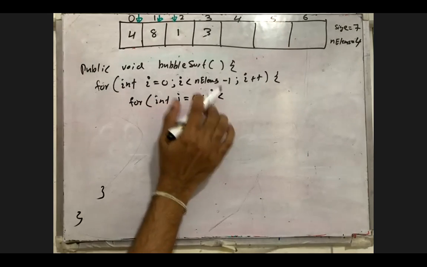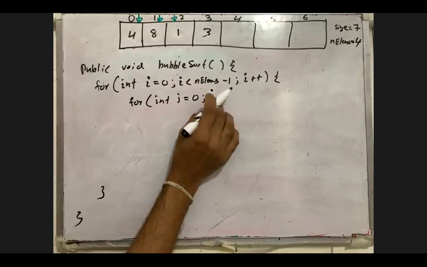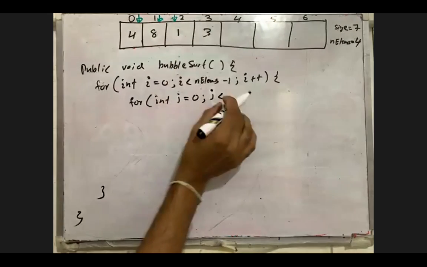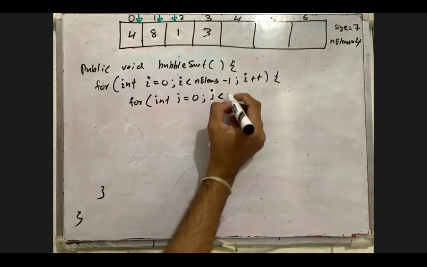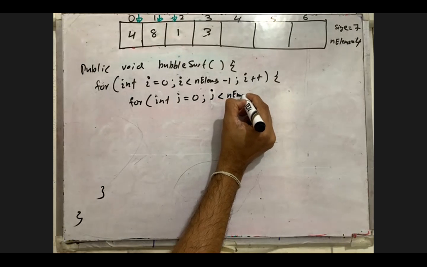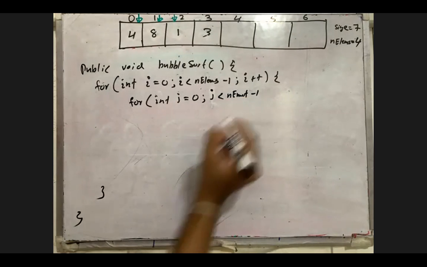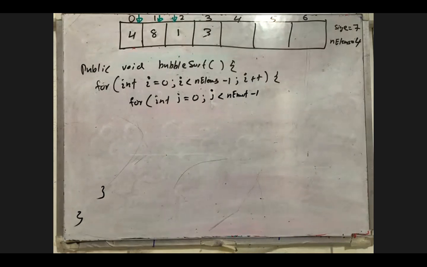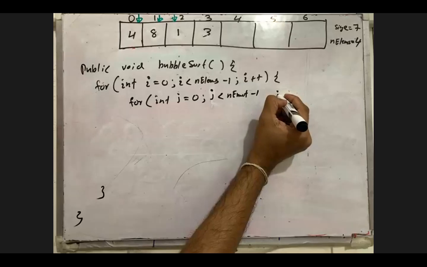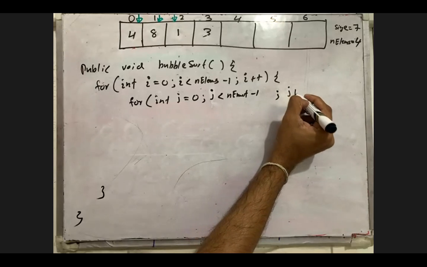Do we need to go up to the number of elements? No. Number of elements -1. Go up to the number of elements -1. And there is another one, I come to that part later. After that, j plus plus.